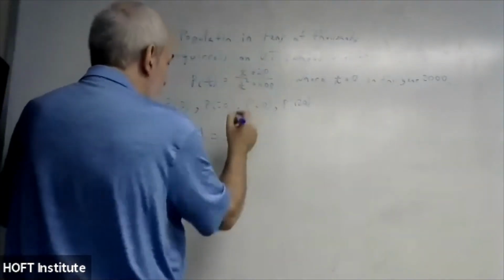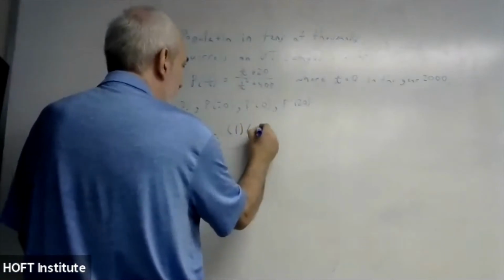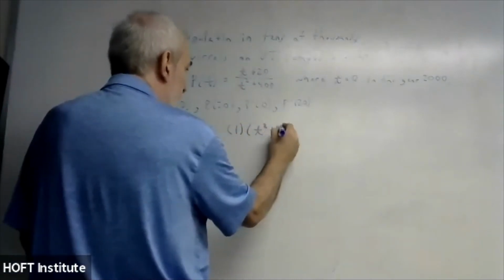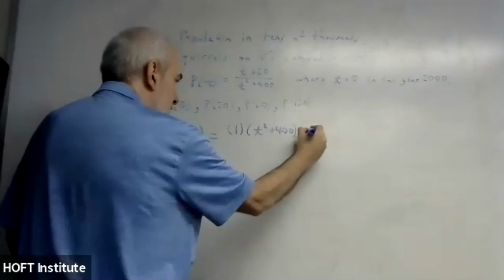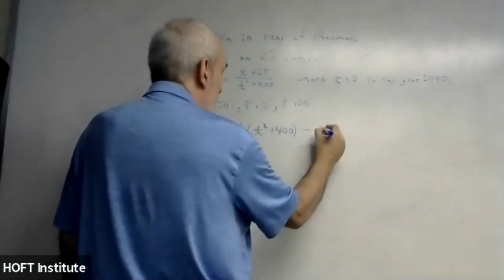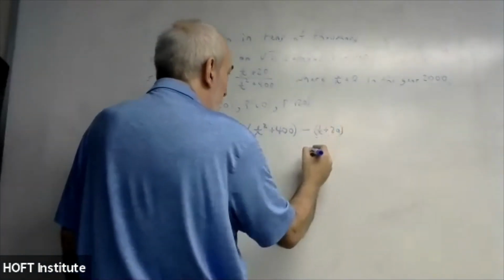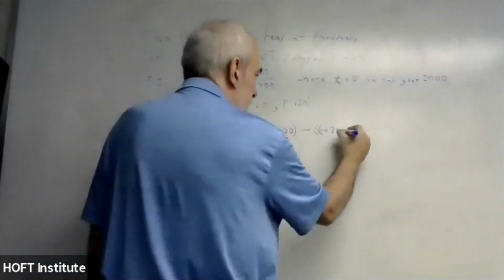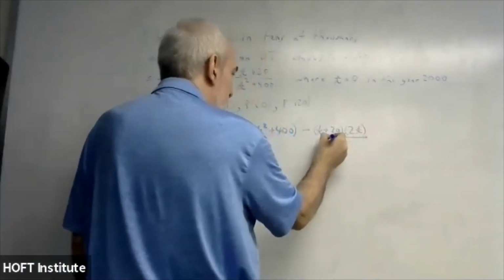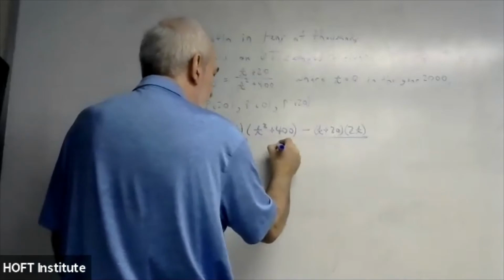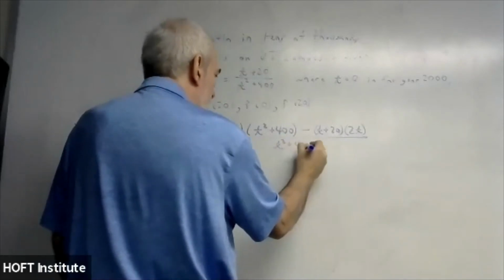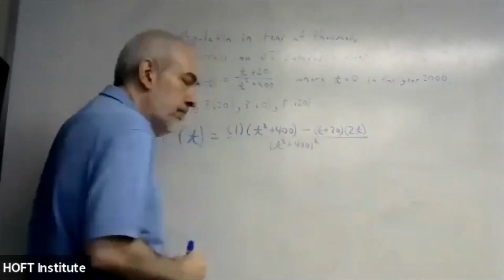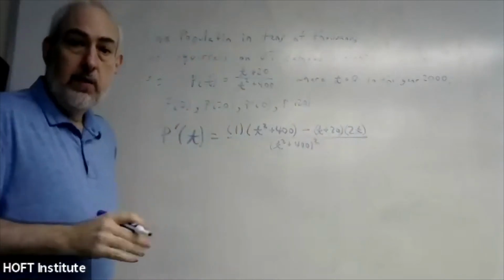So the derivative of the top is 1 times the bottom, t squared plus 400, minus the top, which is t plus 20, times the derivative of the bottom, which is 2t, and then all over the old denominator squared. And I'm just going to leave it like that.